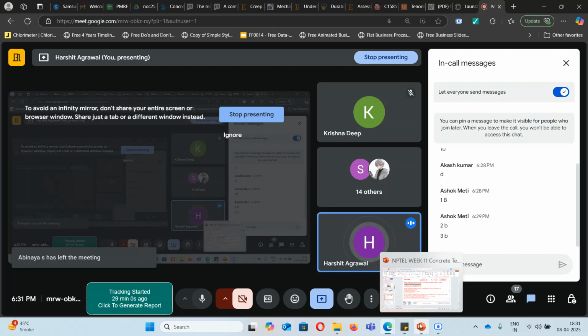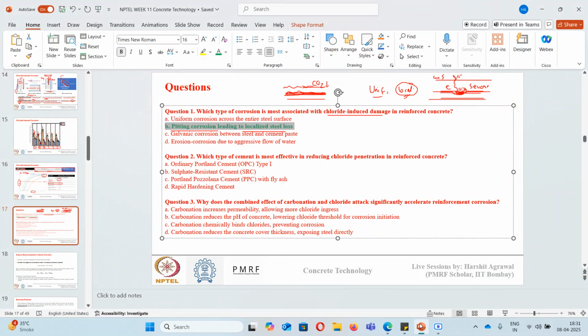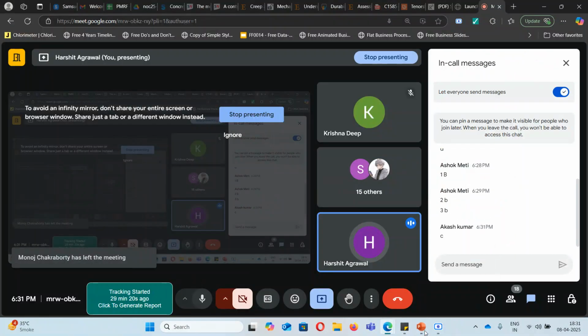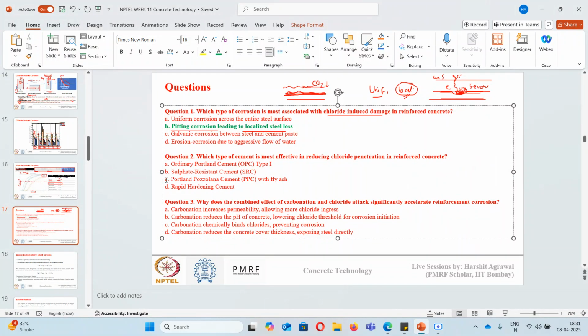Can anyone else try? What will be the answer? Okay, so for the second question, the correct answer will be C.